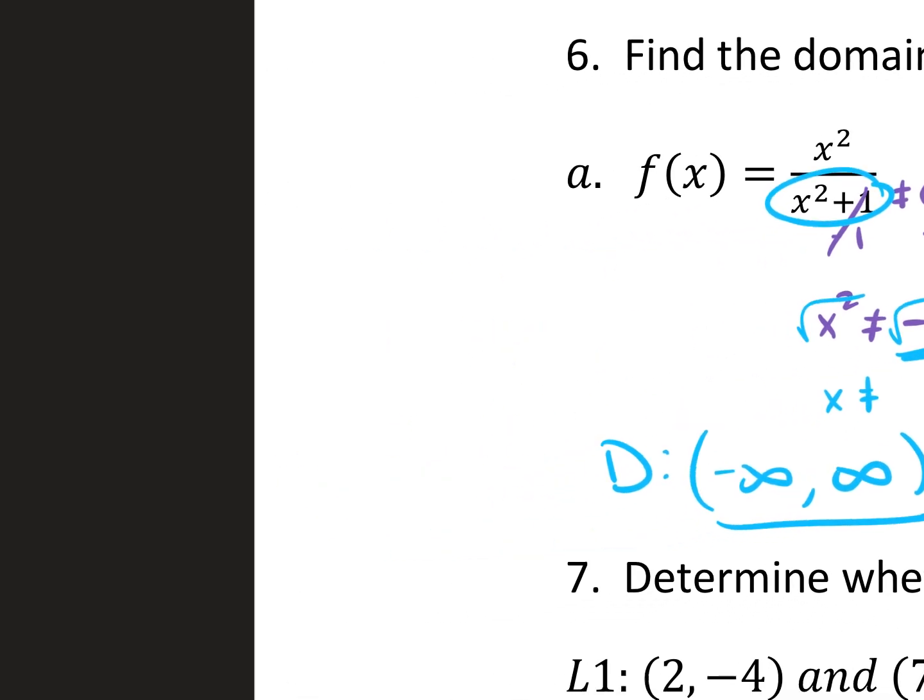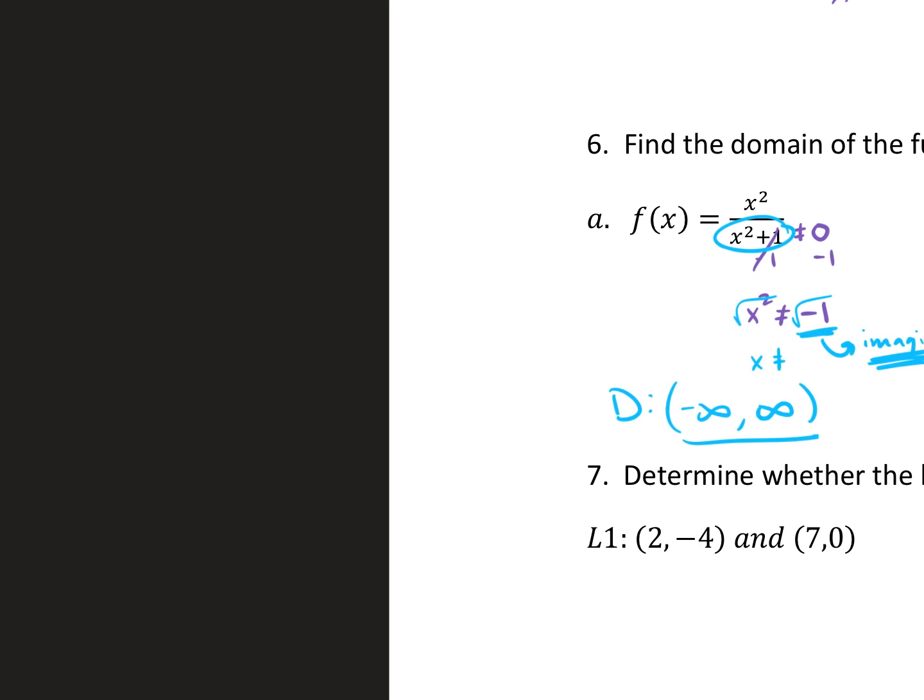So let's just say we had x cannot equal 1. I would write that as negative infinity to 1, and then 1 to infinity, because it could be all the negative numbers before 1 also, although the number is smaller than 1.